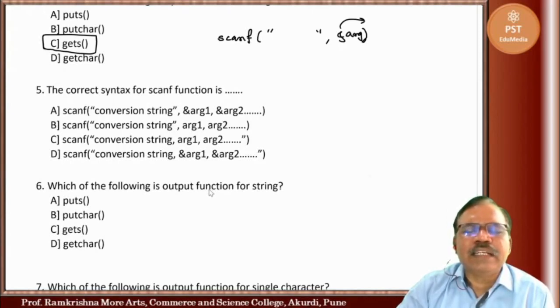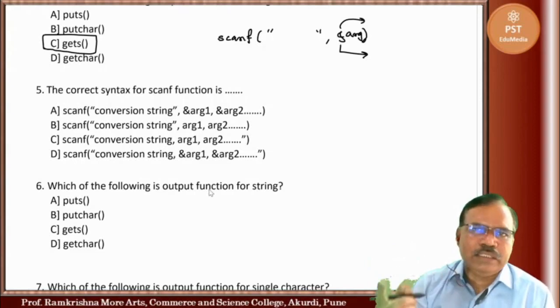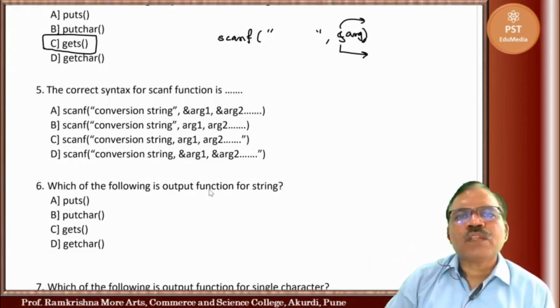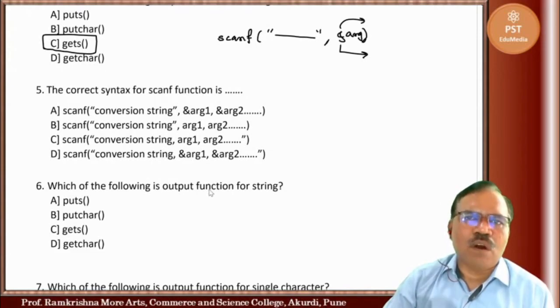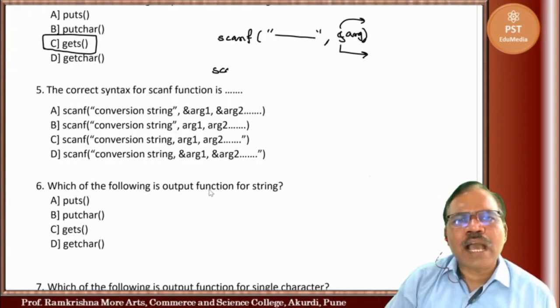The & is necessary here. If there is no & operator, then the value of the argument will not go to the memory location assigned to the argument. Now here the conversion string is in double quote, then comma, and then you can have a number of arguments separated by comma.